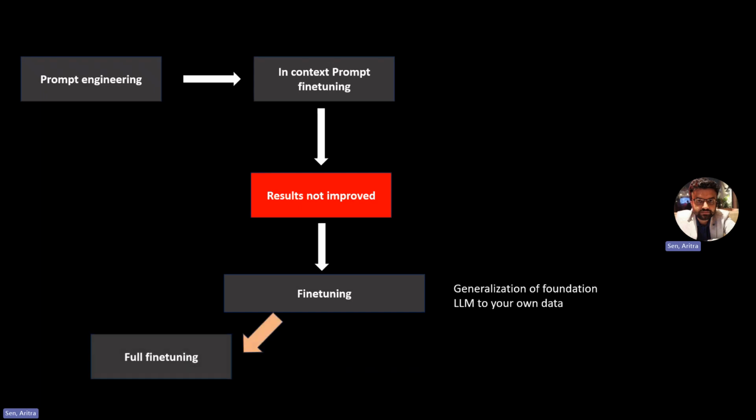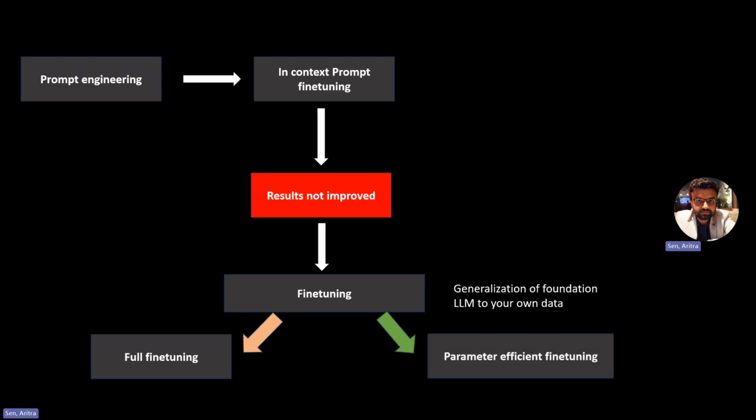Basically, fine tuning we can divide in two parts. One is full fine tuning, where we will update all the parameters of the foundation LLM, and then there is parameter efficient fine tuning, where we will use the concept of adapters, where we can add certain adapter layers on top of the pre-trained weights and only train those adapters. Or you can use the concept of LoRA, where we will train certain low rank representations of the weight matrices associated with the attention mechanism.